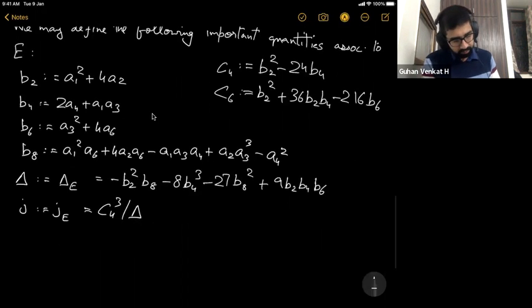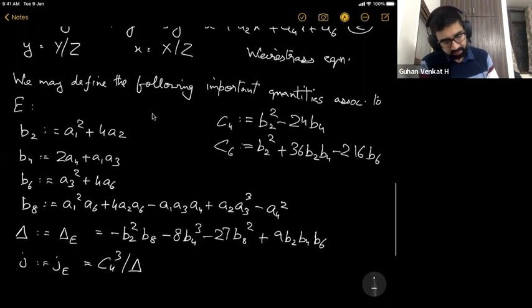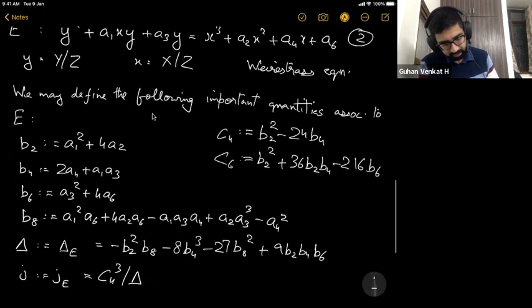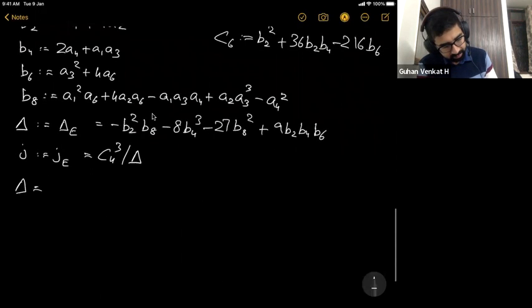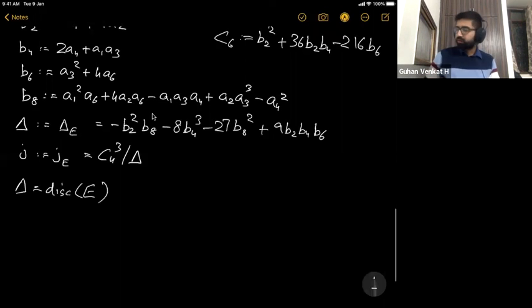So we had this Weierstrass form for this curve E, and delta is nothing but the discriminant of this Weierstrass equation.